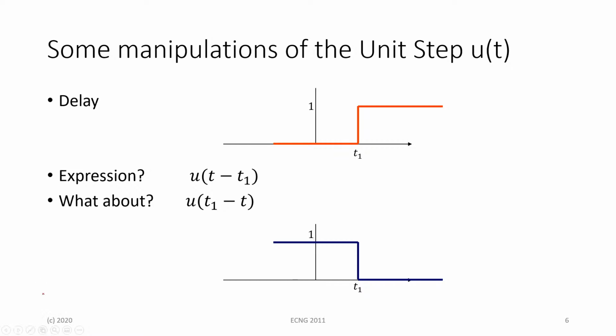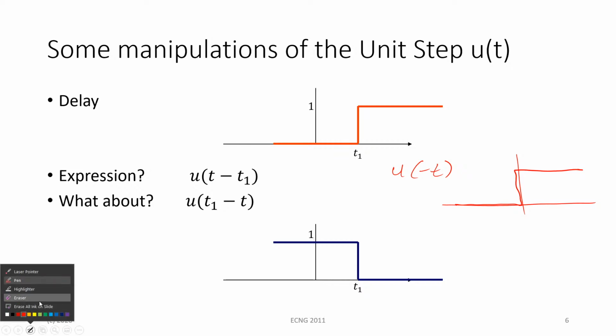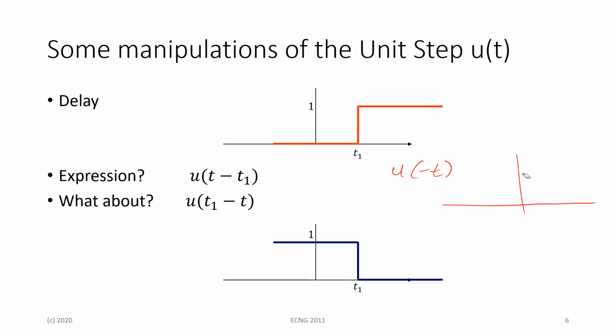So let's see what happens when we do the order of operations here accordingly to get what you're referring to. So if we did u of minus t, it comes like we just did like this. Instead of like this, it comes like we flipped the entire signal. So this now becomes like that accordingly.